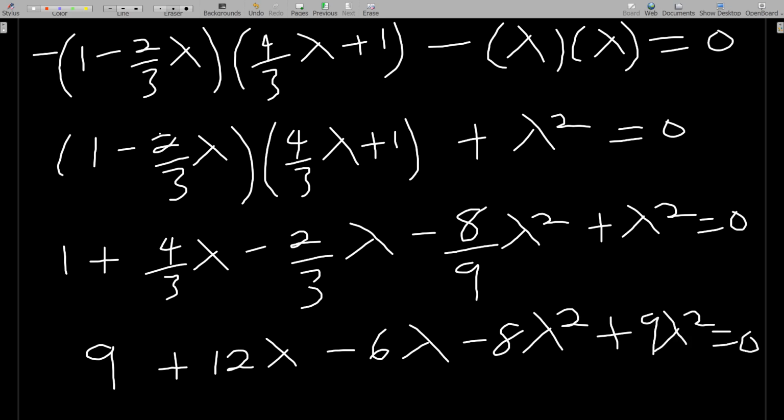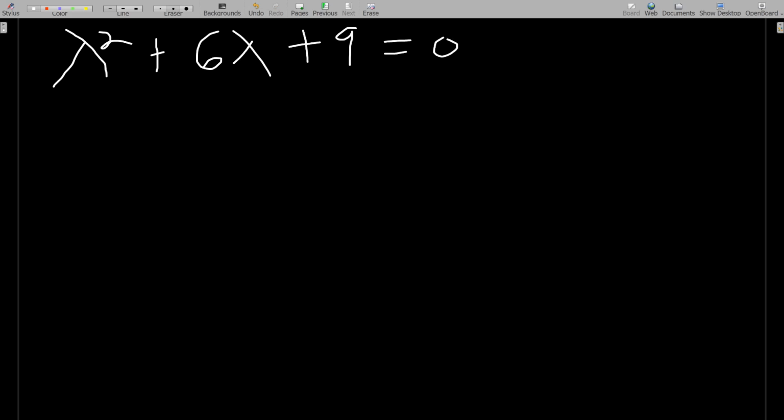Simplifying, I have lambda squared plus 6 lambda plus 9 equal to 0.